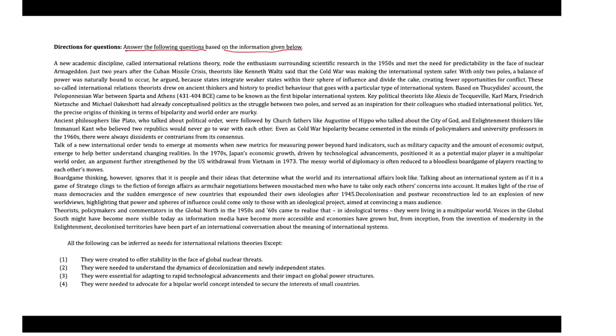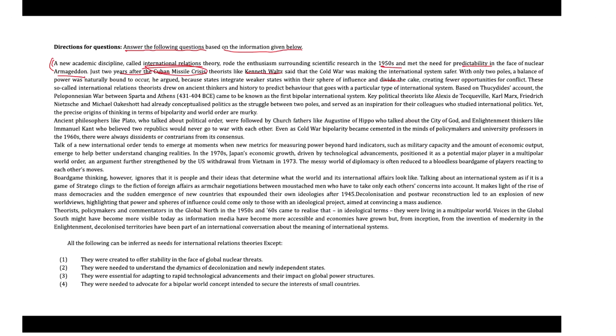A new academic discipline called international relations theory rode the enthusiasm surrounding scientific research in the 1950s and met the need for predictability in the face of a nuclear Armageddon, isn't it? Just 2 years after the Cuban Missile Crisis, theorists like Kenneth Waltz said that the Cold War was making the international system safer.